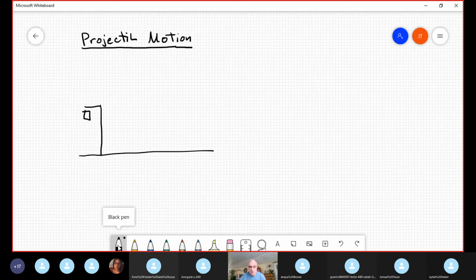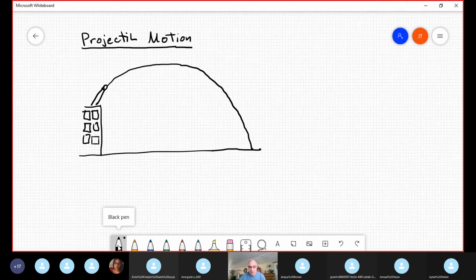This is the window of the building. It's another window. And you have on the top of the building a cannon. You launch the bullet. And the bullet describes a parabola. And here it hits the floor. Boom. Okay, the trajectory of this is the parabola.